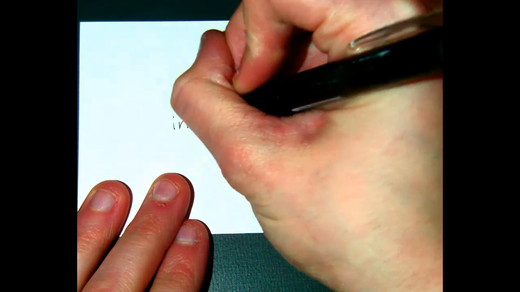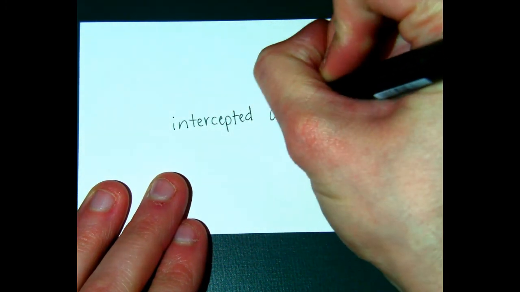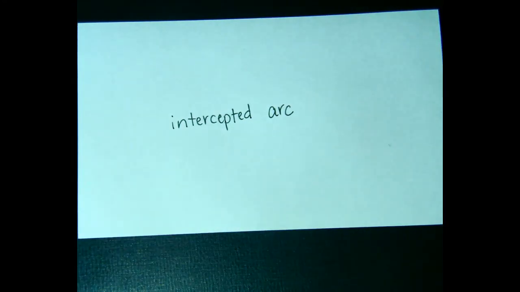Alright, on your new card, write Intercepted Arc. We're going to talk about arcs now. The arc is the outside of the circle. Once you've written Intercepted Arc, flip the card and put 15.1 and draw a circle.